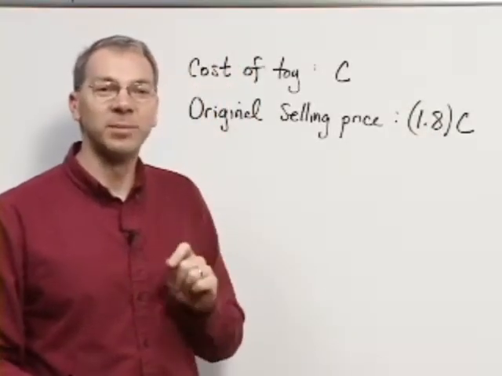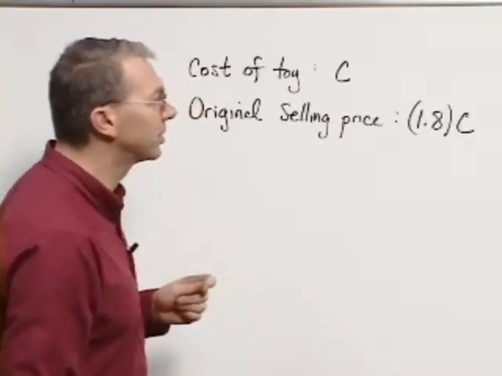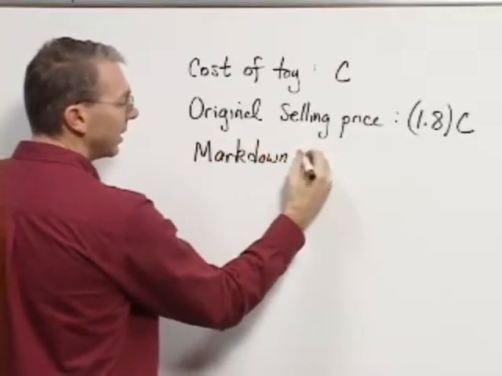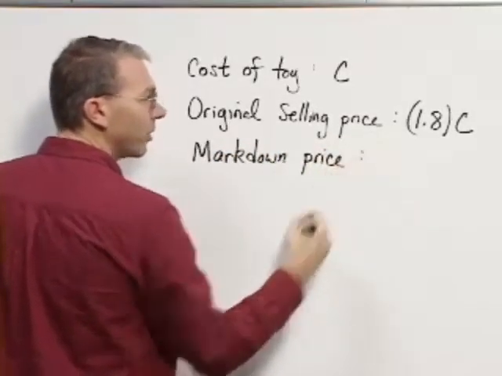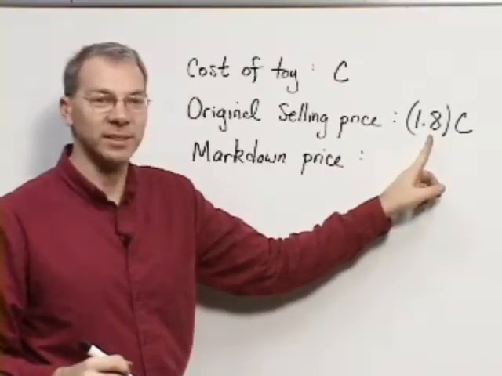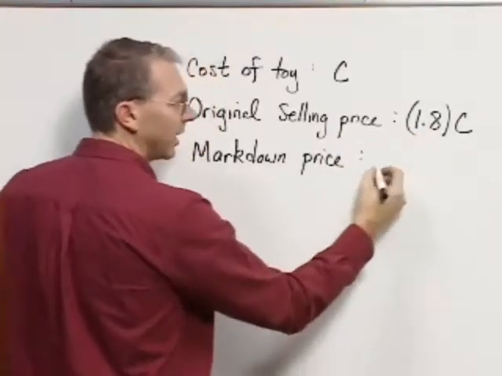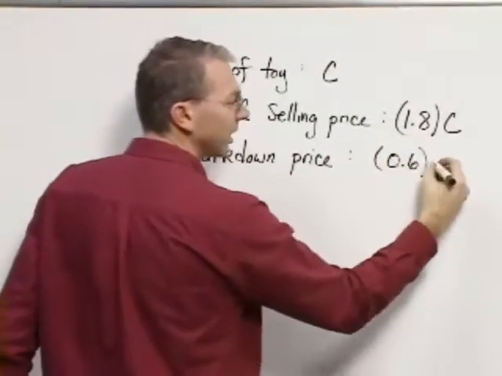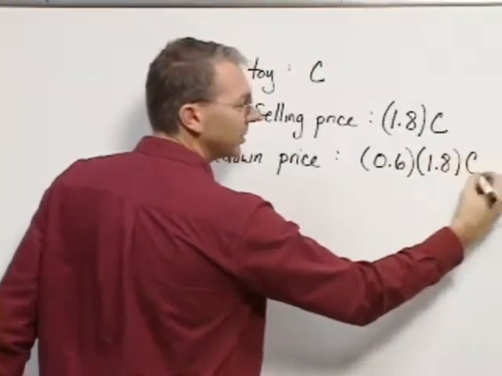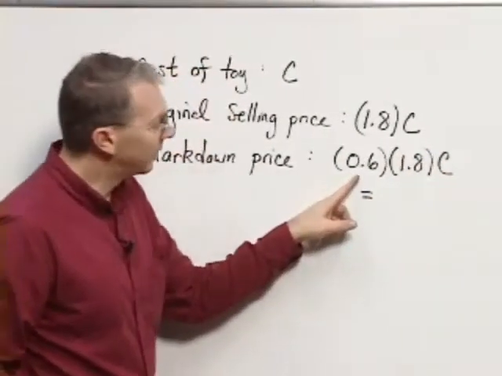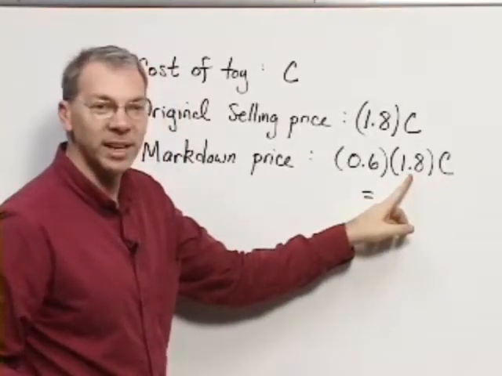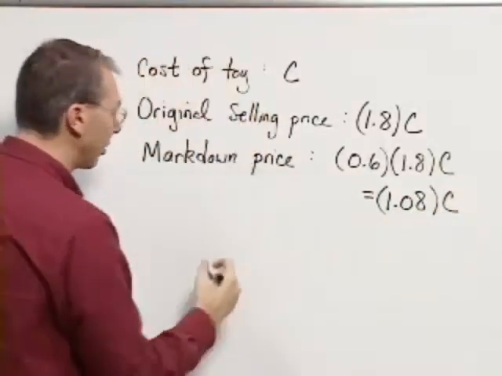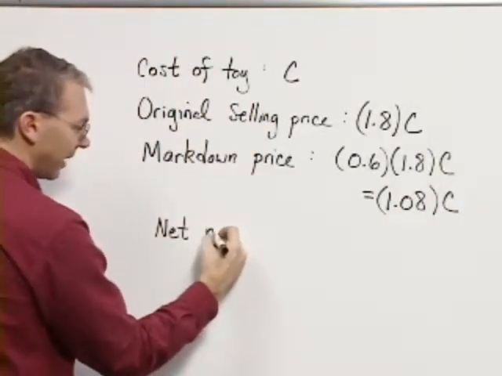After Christmas, the toy is marked down. It's put on sale, and it has a 40% off tag. So, the marked down price can be calculated. We want to take 40% off of this price. Well, the sale price, after the markdown, will be 60% of the original selling price, which is 1.8 times C. If we take 0.6 and multiply by 1.8, we get 1.08 C. In other words, there's a net markup after the sale.